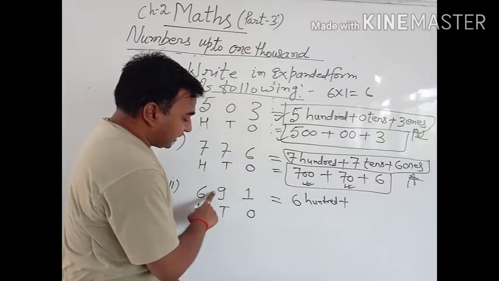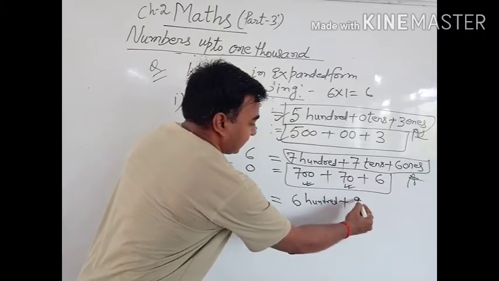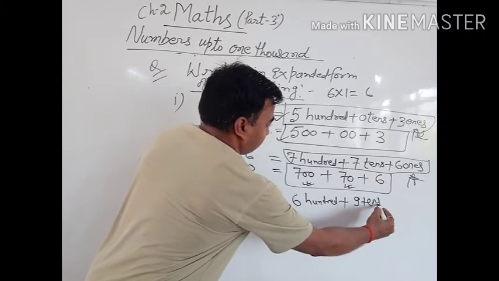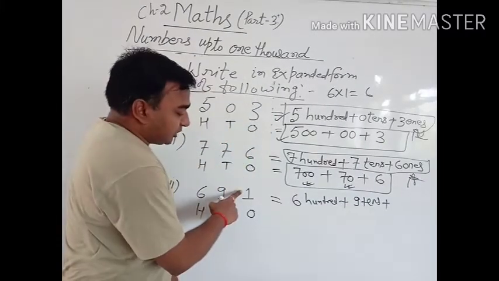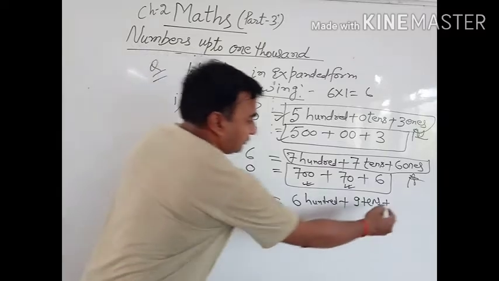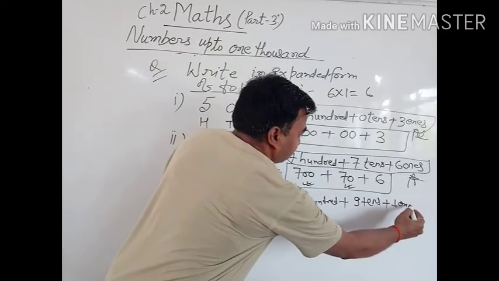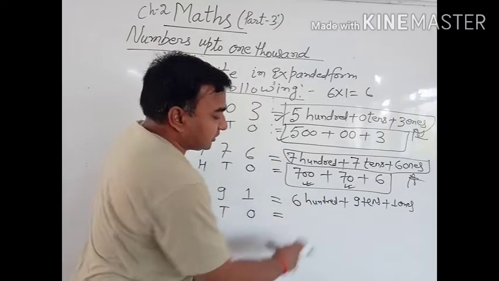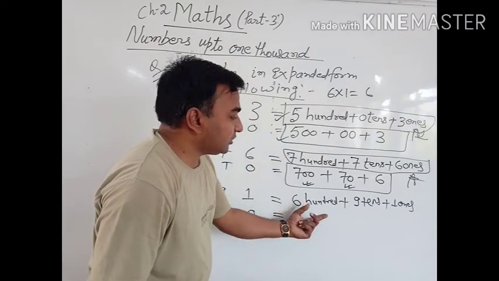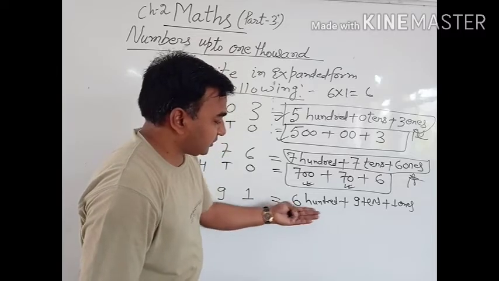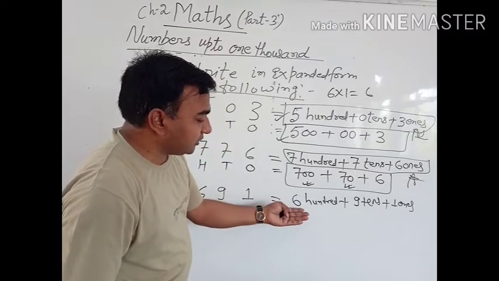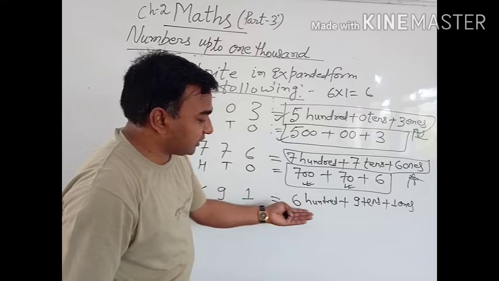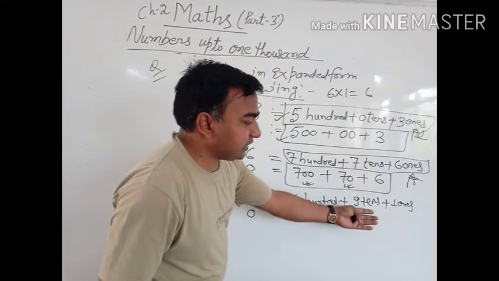What is the place of this 9? Tens. We will write 9 tens. What is the place of this 1? Ones. We will write 1 ones. This is the number name with their place: 600, 9 tens, 1 one.